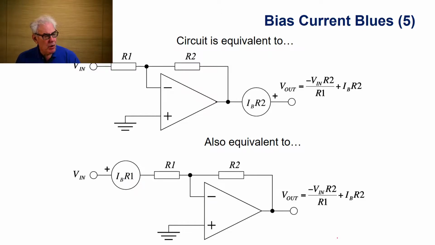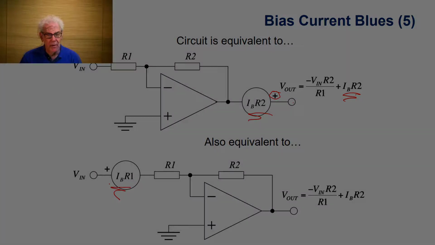This allows us to start building Thevenin and Norton equivalent circuits. So if we want to look at the output referred error, it's the same as having a perfect op-amp in series with an error that is equal to the bias current times R2. It's important to notice the sign here, so that for 0 input voltage we would actually get a slightly positive output voltage. But that is the same as doing the calculation here and having an input referred error.